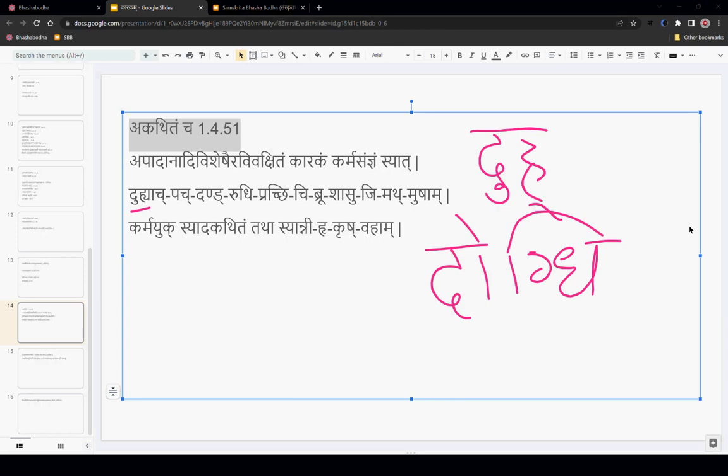Then with karma sanya, dvitiya, dhenu becomes dhenum. Gopalah dhenum kshiram dogdhi. That is an alternate usage.